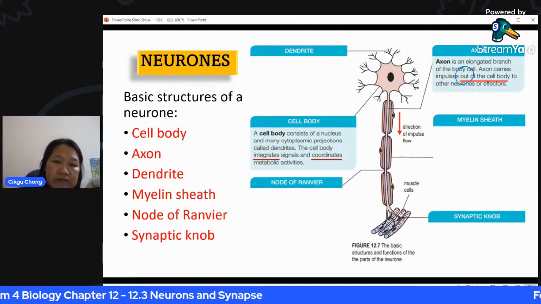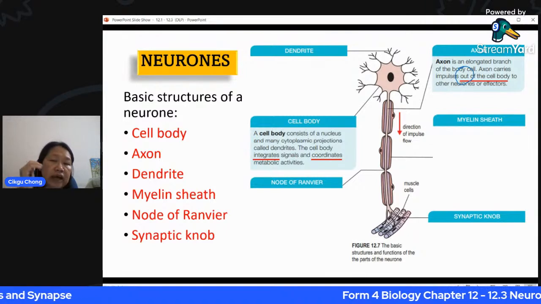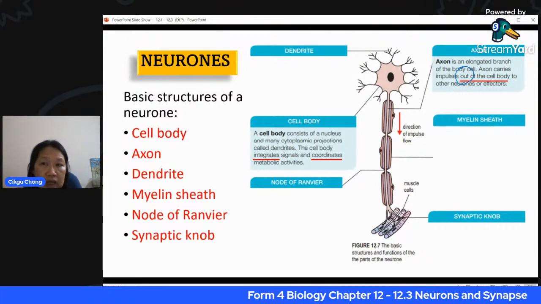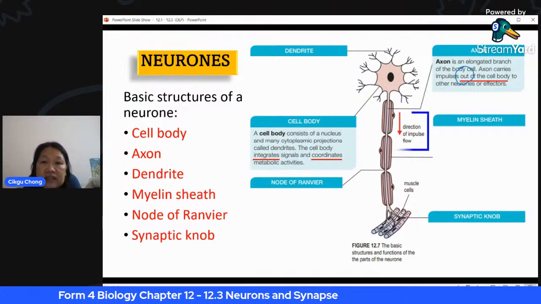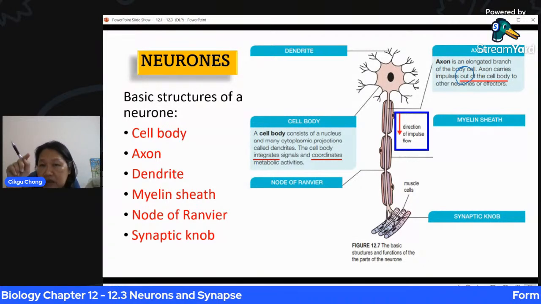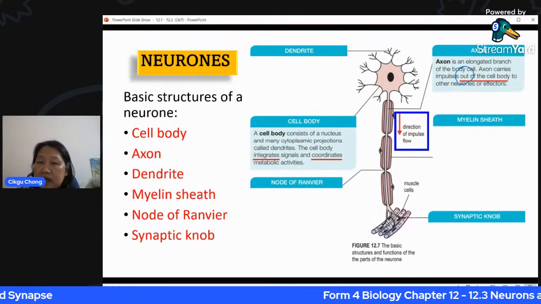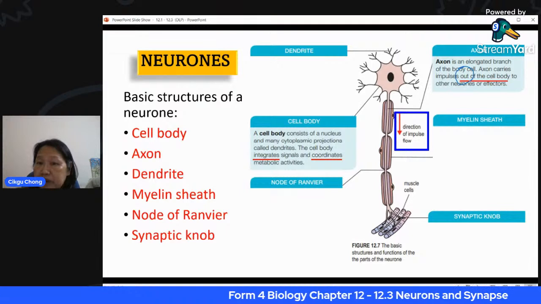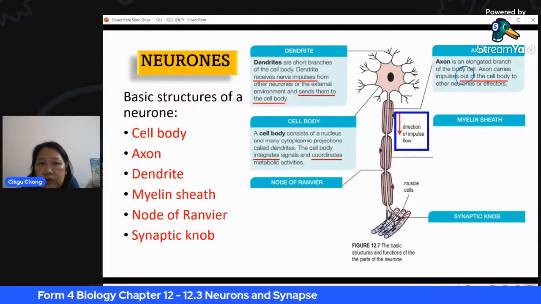So the axon carries impulse away from the cell body. Look carefully at the direction of impulse: for the axon, it is always away from the cell body.